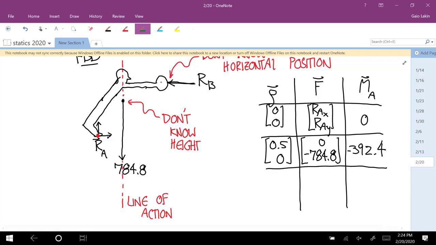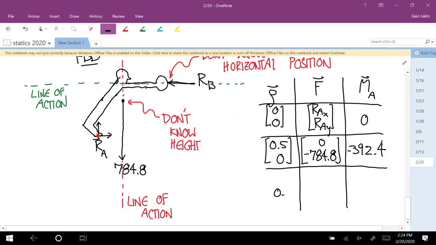And then this one, that's the line of action of this RB. We know the vertical component is positive 0.8. We don't know the horizontal component, but that can be anything, so I'll just make it 0. And then the force vector is negative RB, 0.